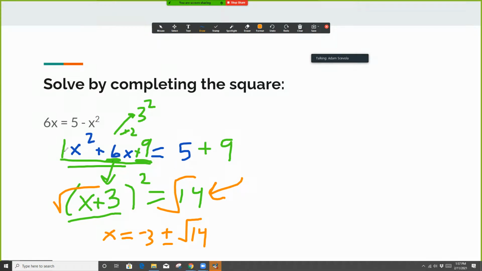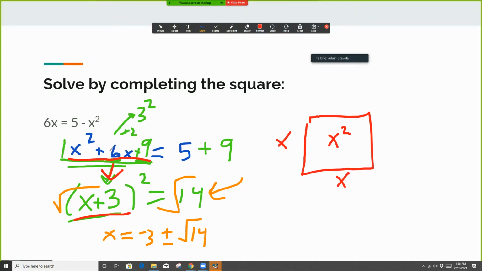But what is important is this step, how we went from this trinomial to something being squared, because that's what we want to use when we write the equation of a circle. So the reason why that worked is, let this represent x squared. So it's an x by x square. And then 6x, right?